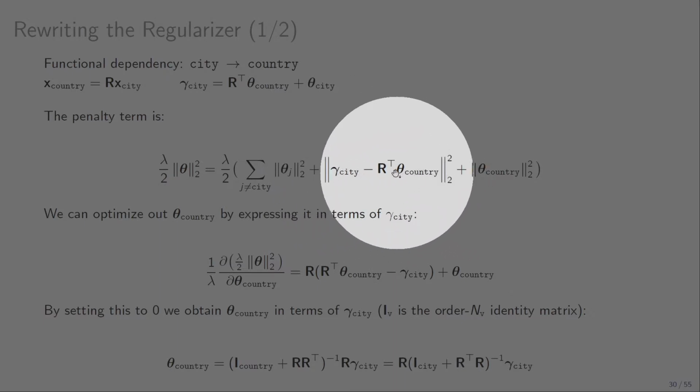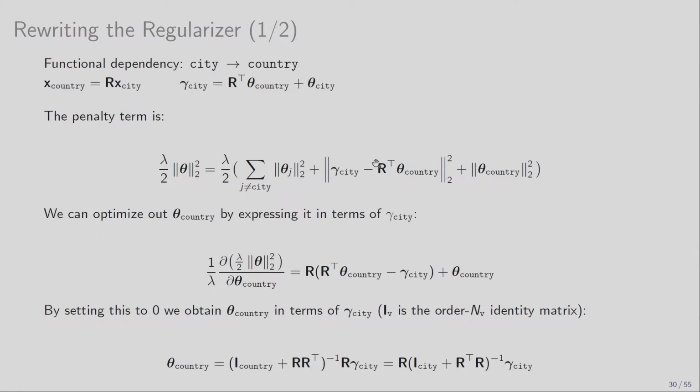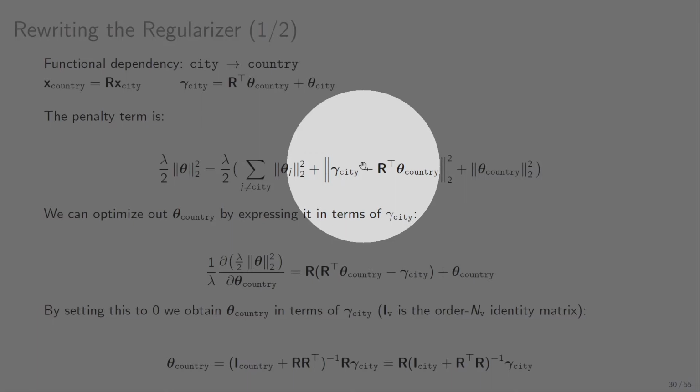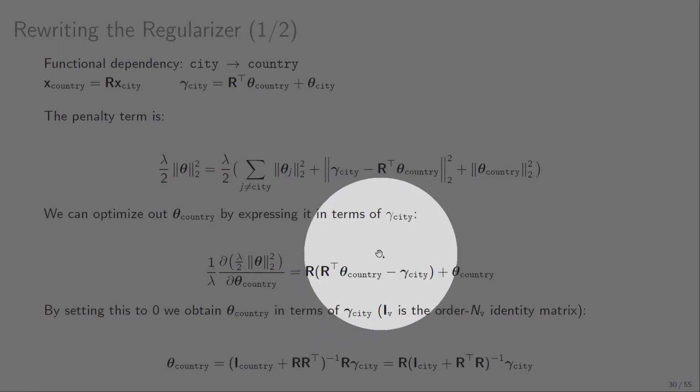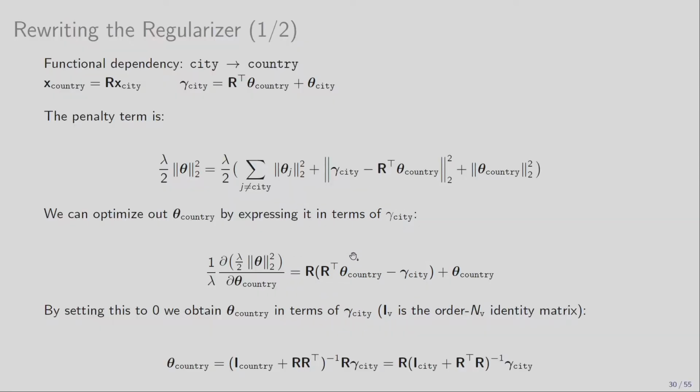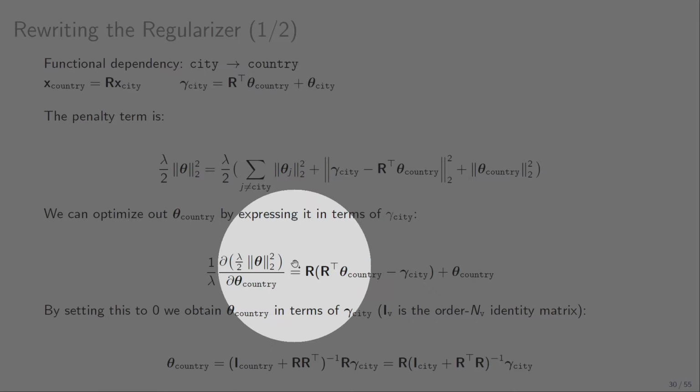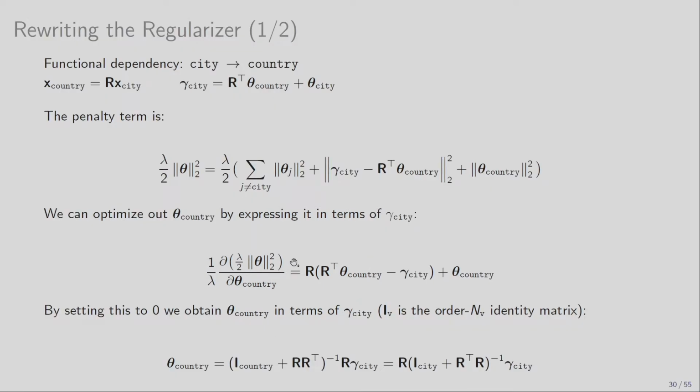But the derivation of this is simply minus R transpose, okay? So this minus, and if you multiply it with itself, gives us exactly this, okay? And the R transpose, if we put it to the other side, will be R here, okay?